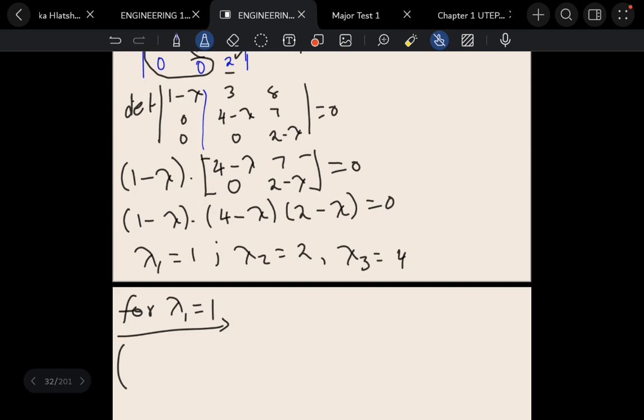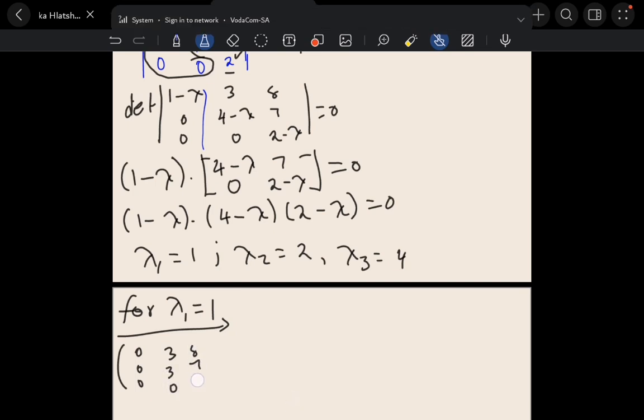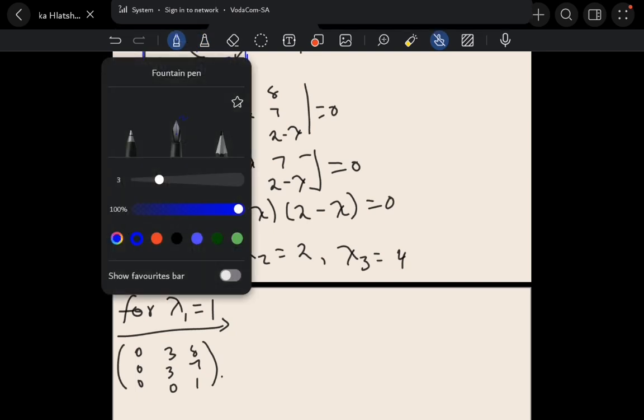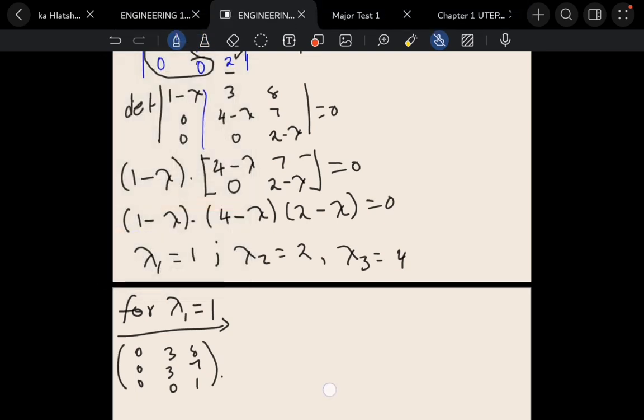Subtract 1 from the lambdas, so I'm going to have 0, 0, 0, 3, 3, 0, 8, 7, 1, times x1, x2, x3, equals 0, 0, 0.